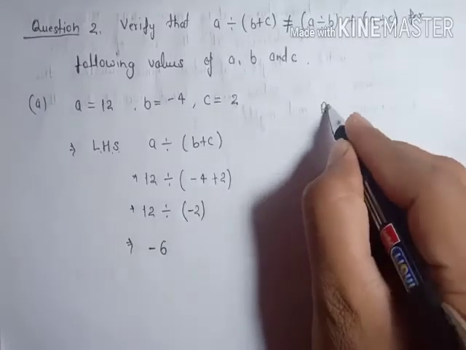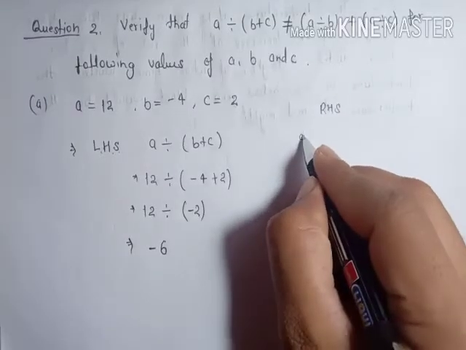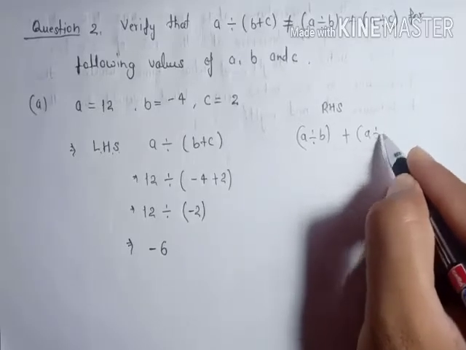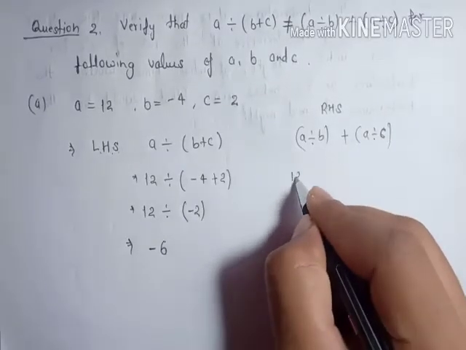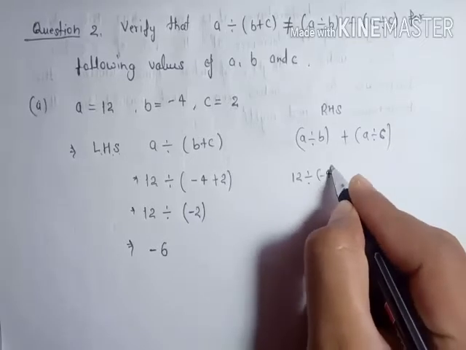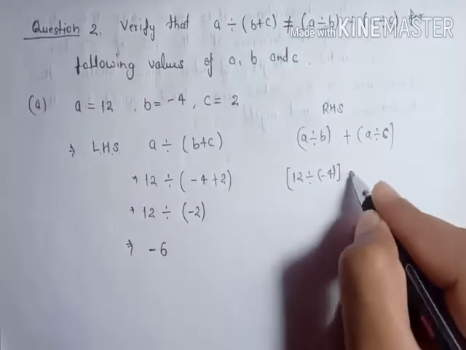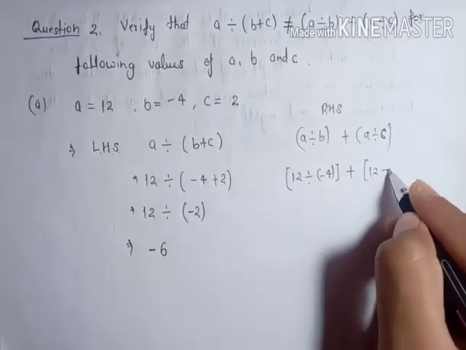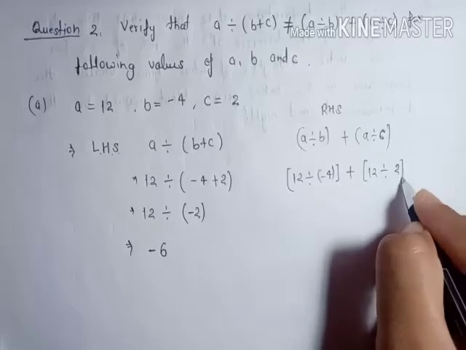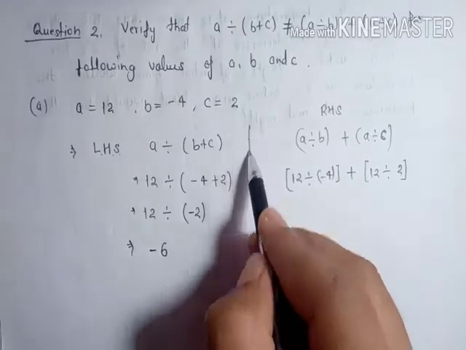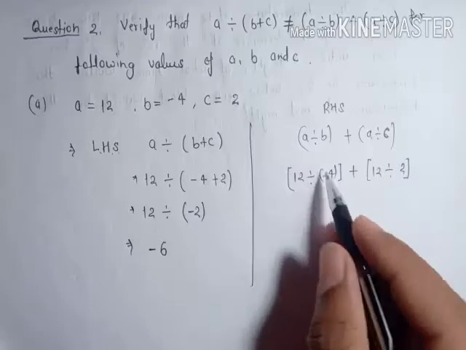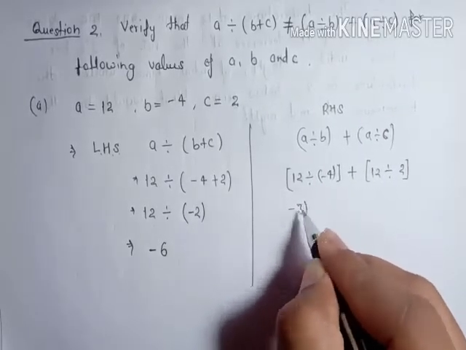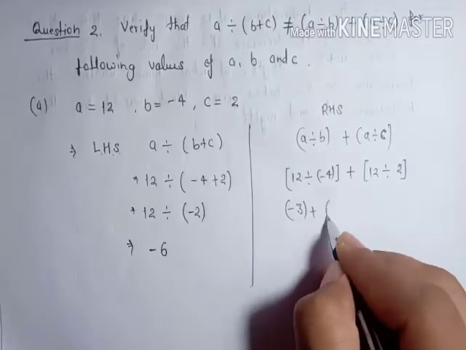And check here RHS, which is written as a divided by b plus a divided by c. a is 12 and divided by minus 4, and plus a is 12 and divided by c is 2. Now solve the brackets separately. 12 divided by minus 4 is minus 3, and plus it is 6.